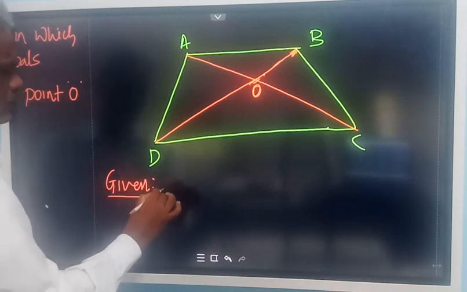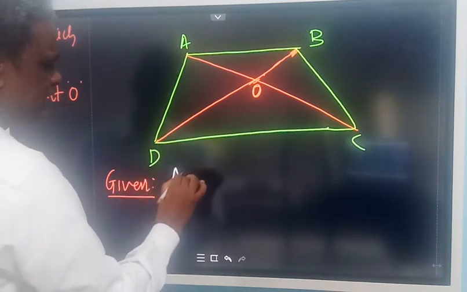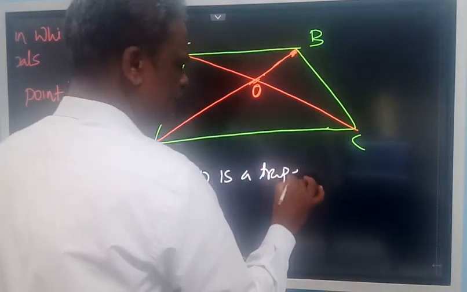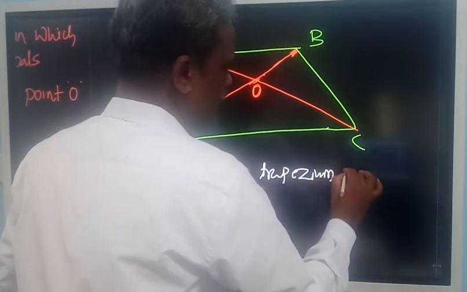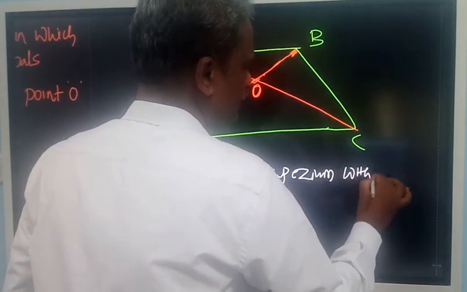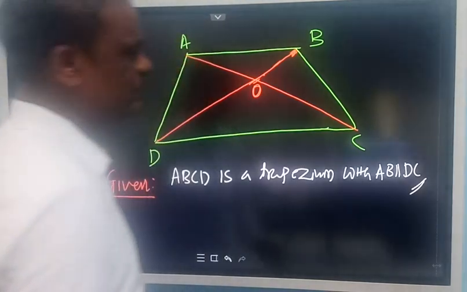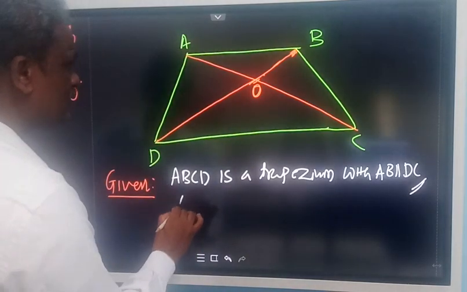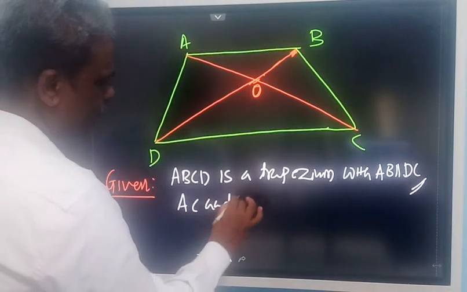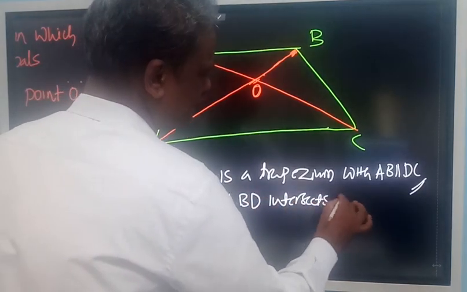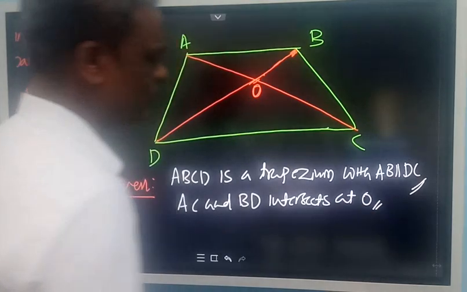Given: ABCD is a trapezium with AB parallel to DC. So this is an important thing. Diagonals AC and BD intersect at O. This is the data that they have given.